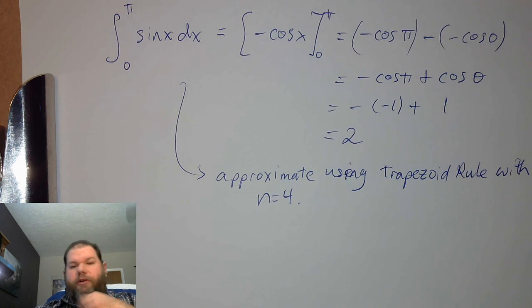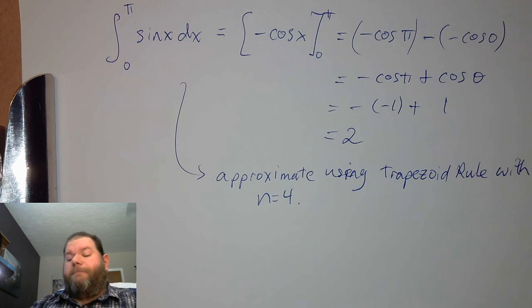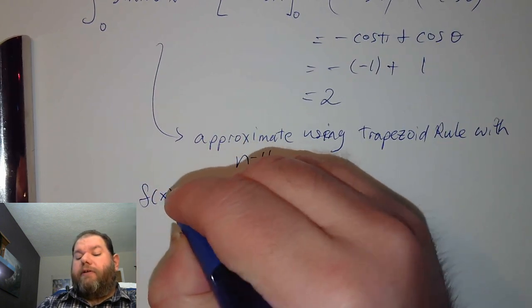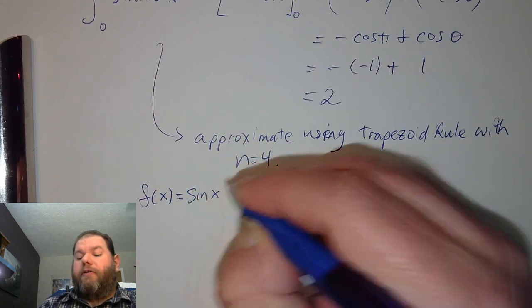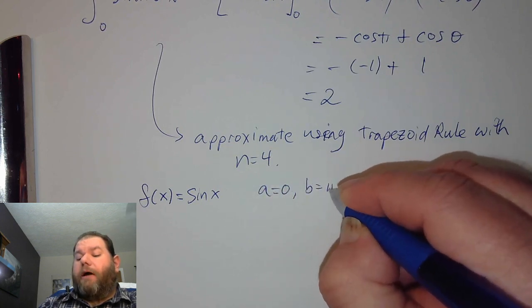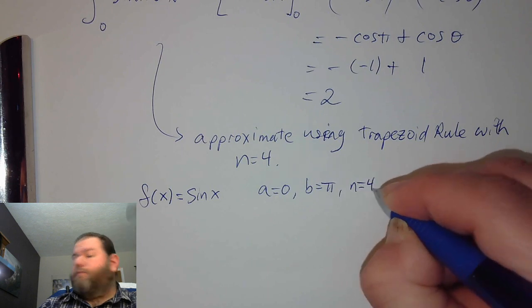Ideally, we probably want a little bit bigger of an interval, like maybe n equals 6 or 8. 4 at least is manageable. That's why I like to use n equals 4. From a calculation standpoint, it's not too bad. So we have f of x is sine x, a equals 0, b equals pi, and n is equal to 4.